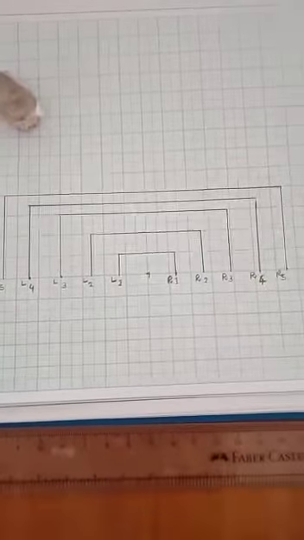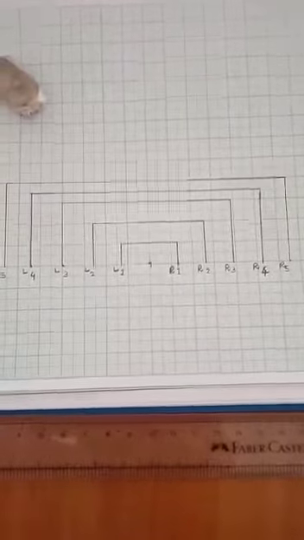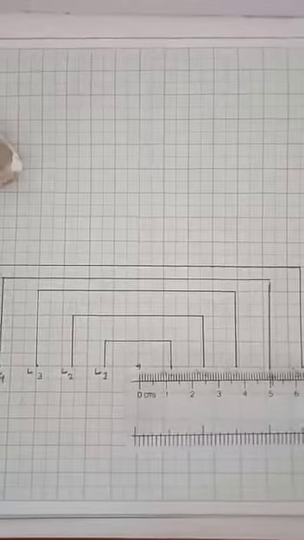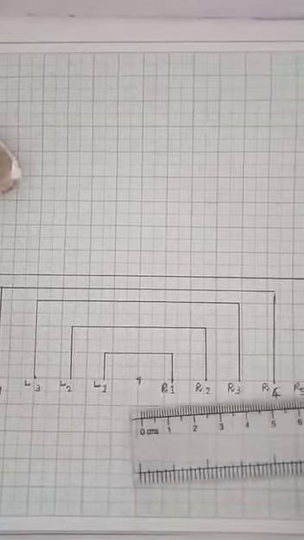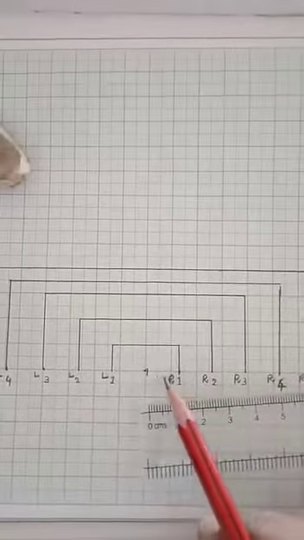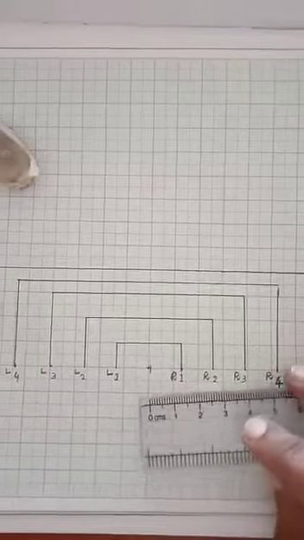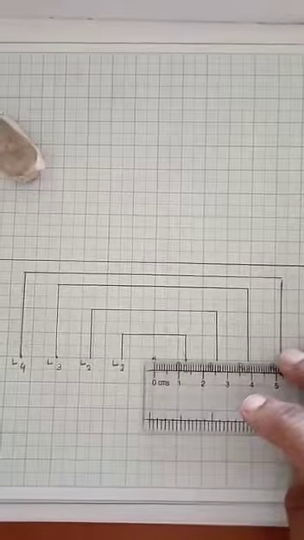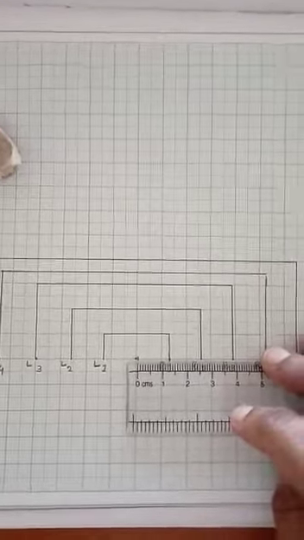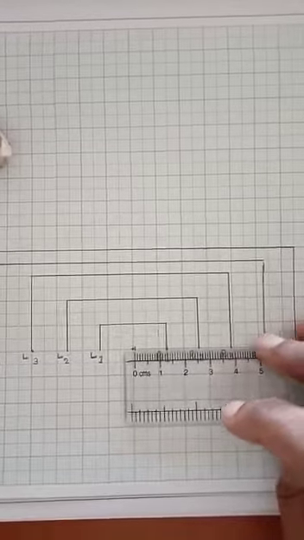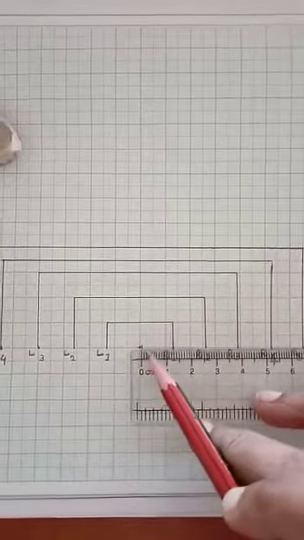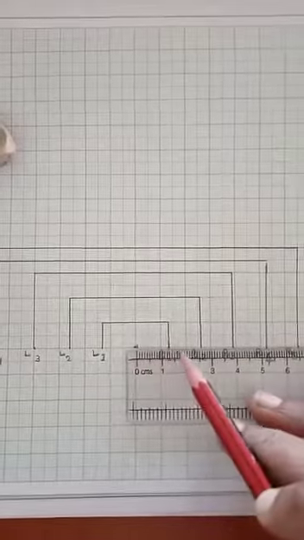Now we start the readings, how to tabulate in the tabular column. Here we are going to measure the distance from the center spot towards the right side, this distance, using a scale. Put a scale on the center point, central bright fringe, and note down the reading. Now the reading from the center spot to this is 1.3.